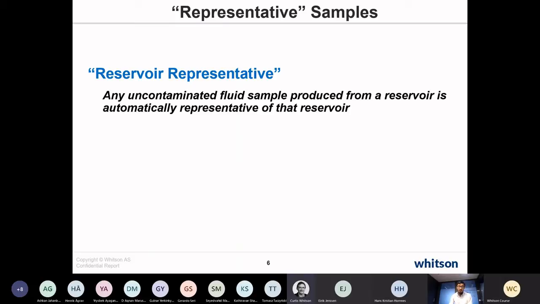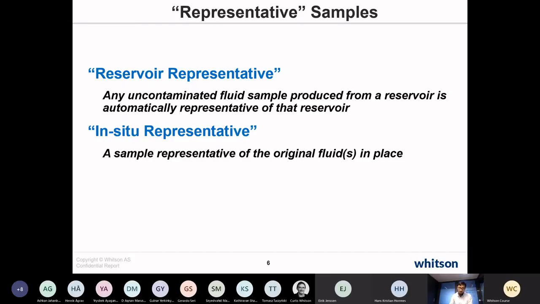Yes, so that's something that we are trying to make clear. We are trying to differentiate between a reservoir representative sample and an in situ representative sample. The in situ representative sample is representative of your original fluids in place, meaning the fluid that you expect in the reservoir at time 0.